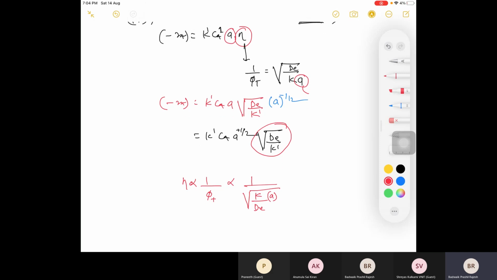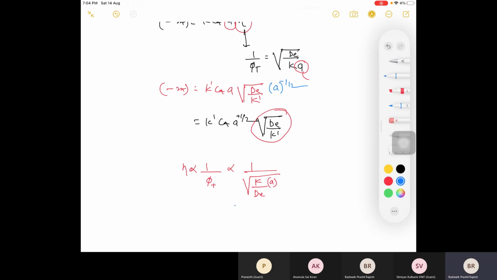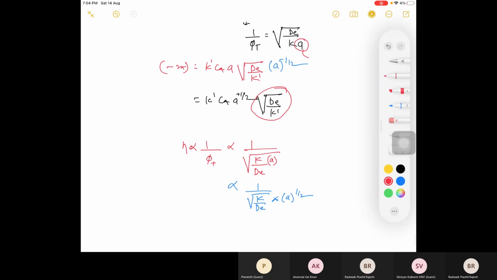Here it is A. So this will be directly proportional to 1 by k de into A to the power half. What is this quantity now? This is also Thiele modulus without deactivation, right? Theta without deactivation.